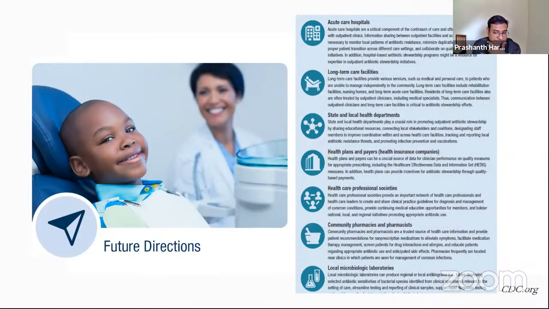The community pharmacies and pharmacists, I think, are an important integral part in this particular journey, especially in India, where our chemists have the right to dispense medication. They are authorized to dispense medication under the prescription and guidance of a licensed practitioner, could be a physician or a dentist.